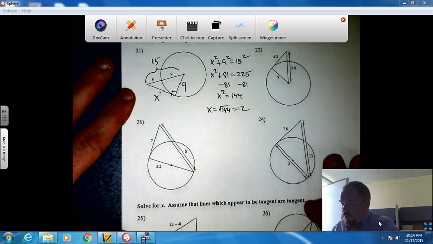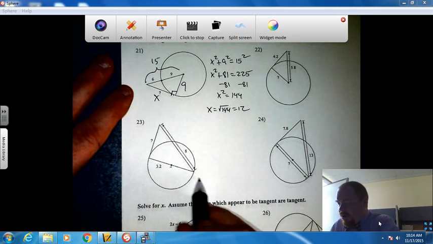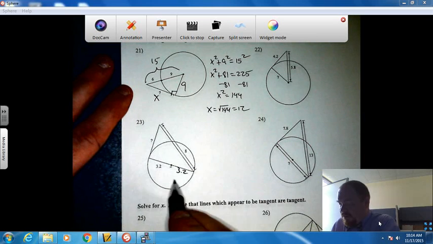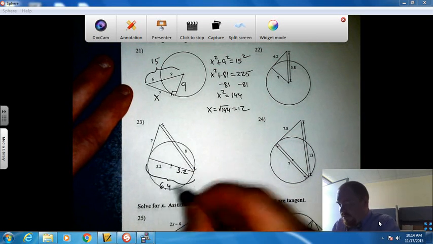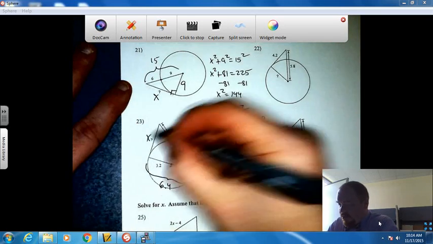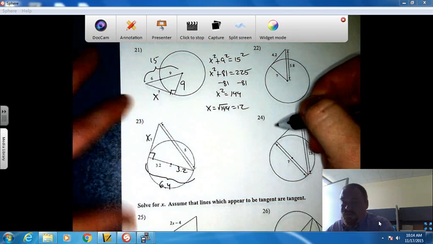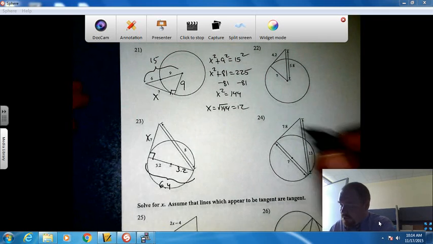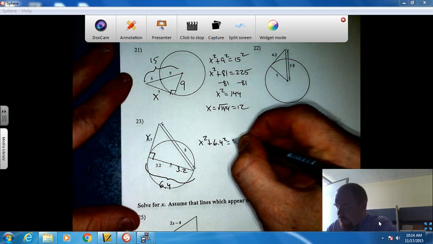In number 23, they tell me that the radius here is 3.2, but I need all the way across in this problem. So that means this is 3.2, so the whole thing is 6.4 units long. So referring to that side as x, this is my right angle, so I know what is going to be c in my Pythagorean theorem. So I get x squared plus 6.4 squared equals 8 squared.